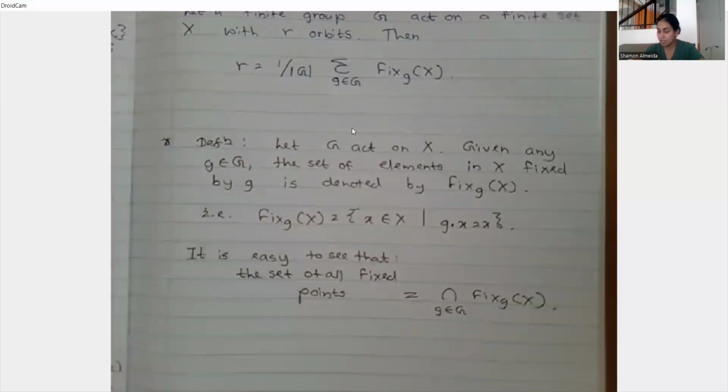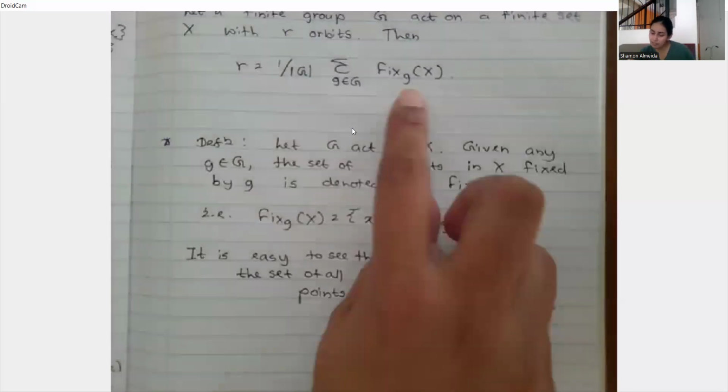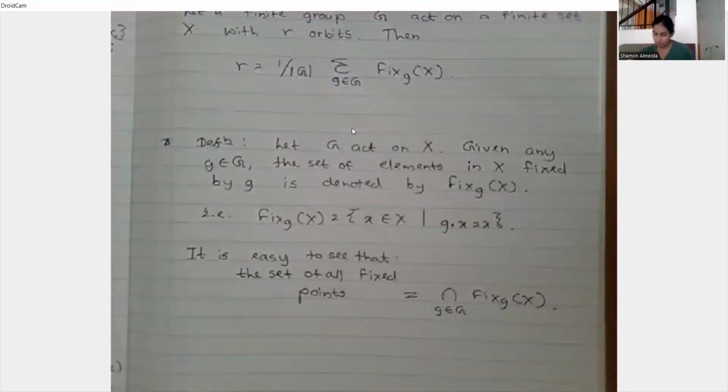The summation means for each g we are taking the elements that are fixed by it from X. So in other words, what does it really give you? The number of orbits is sort of like the average of fixed points of the elements of the group G.